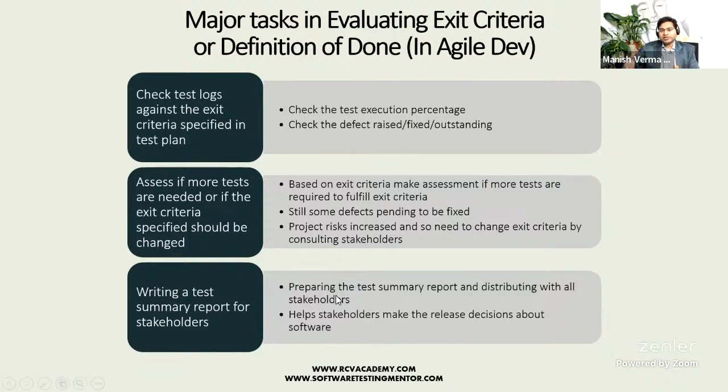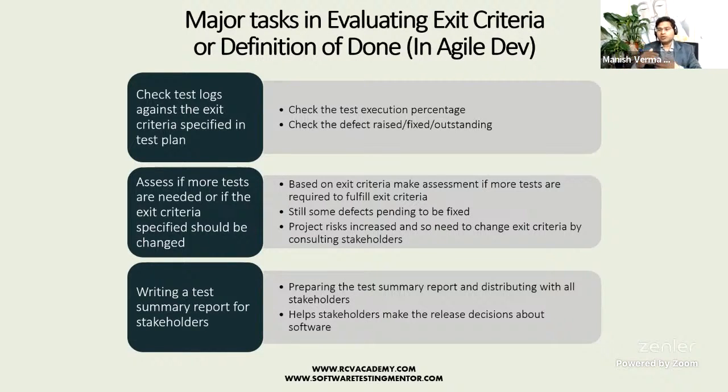So usually in each sprint it won't be required, but a detailed test summary report is required during a major release, right? Say, for example, every 2 or 3 months there is a release for the whole work that has been done in those 2-3 months. There will be comprehensive testing or regression testing for the whole work done in 8 to 10 sprints, and then a test summary report of all that work is sent to stakeholders, and that helps release managers decide whether it's good to release the software in production or not, right?